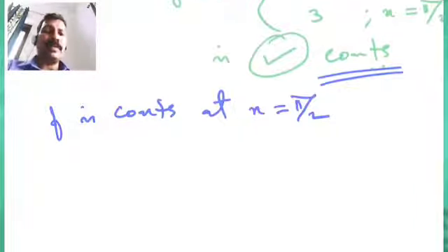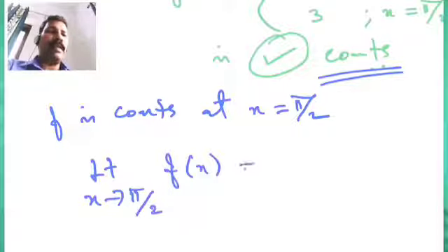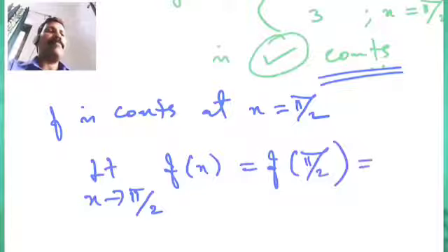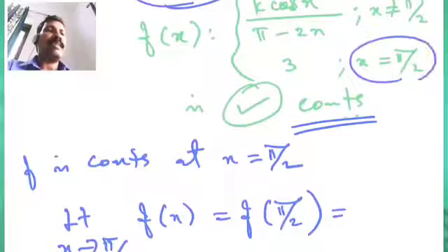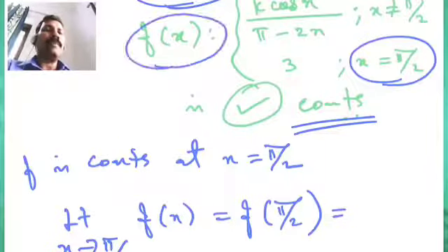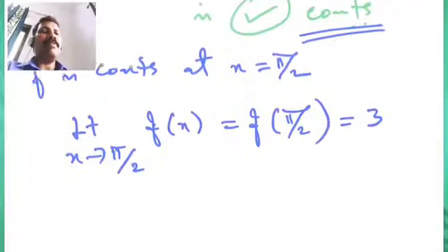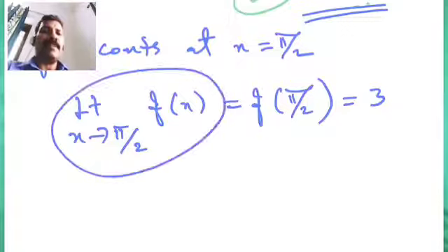That is, the limit as x tends to pi by 2 of f(x) should be equal to f of pi by 2. And then what is f of pi by 2? That is very clear. When x is equal to pi by 2, the value of the function is 3. Then we have to find the limit of this one.